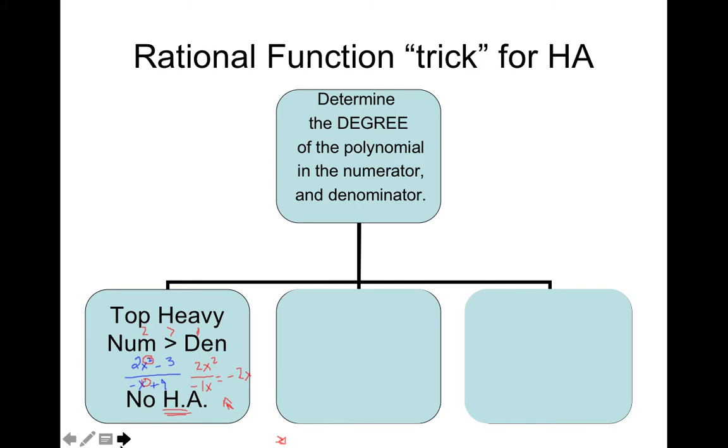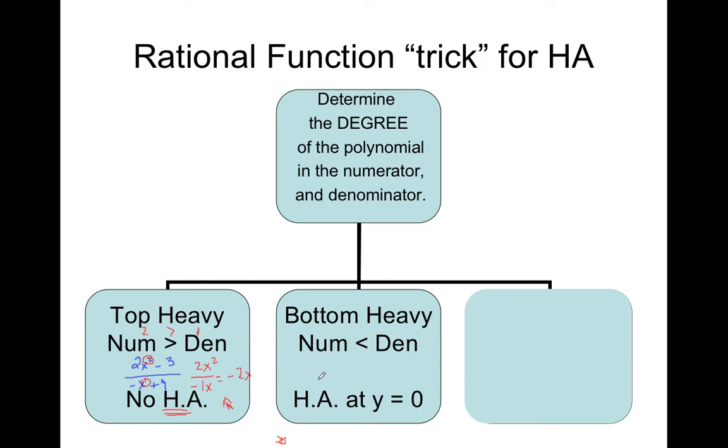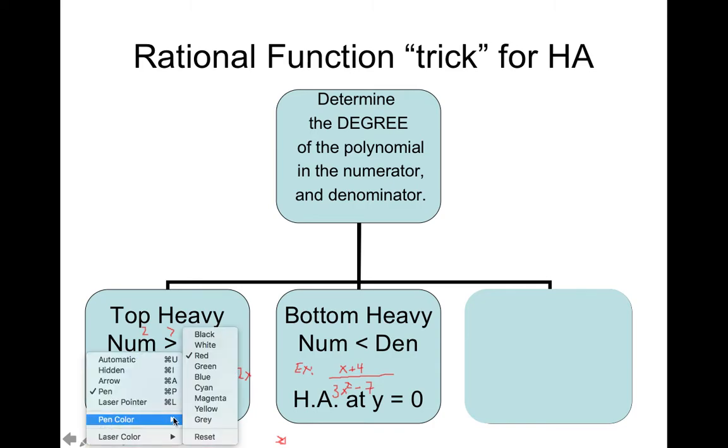Next case, if you're bottom heavy, so the exact opposite, for example, the one I was doing first, if you have x plus 4 over 3x squared minus 7, the degree of your denominator is stronger.